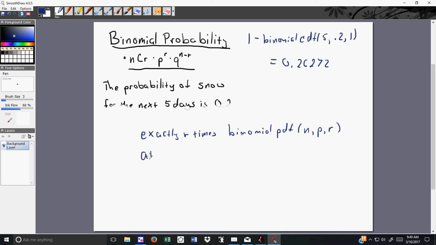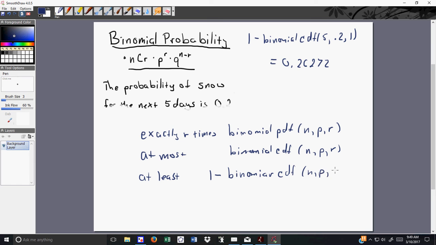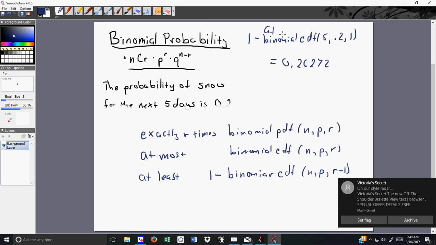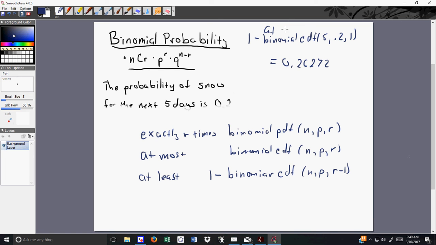If you want at most, and here's the key, at most, it'd be binomial CDF of n, p, r. And if you want at least, it's 1 minus, that stands for the 100%, the binomial CDF of n, p, and that's going to be r minus 1. Because remember, this was at least 2, so 2 minus 1 is 1.